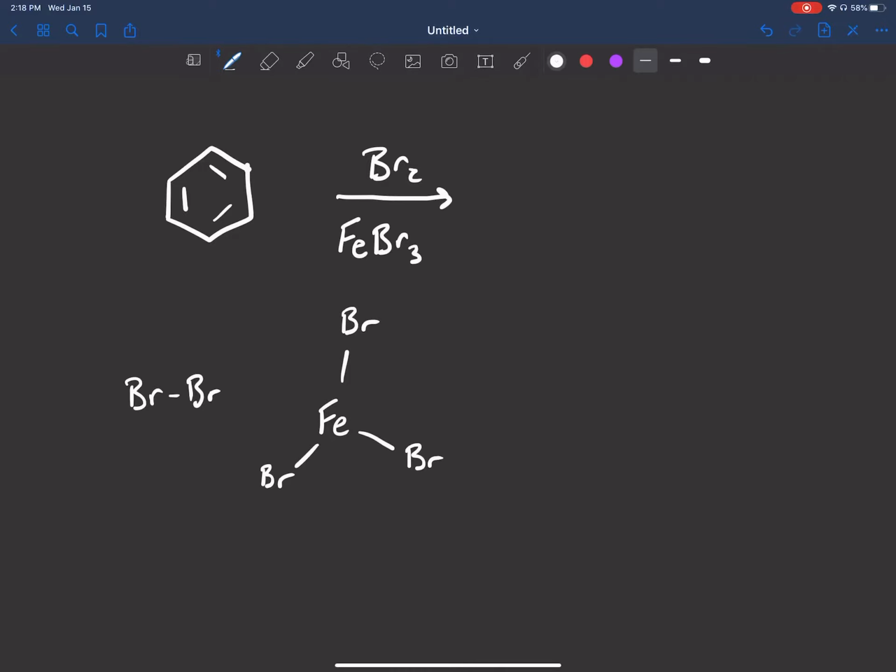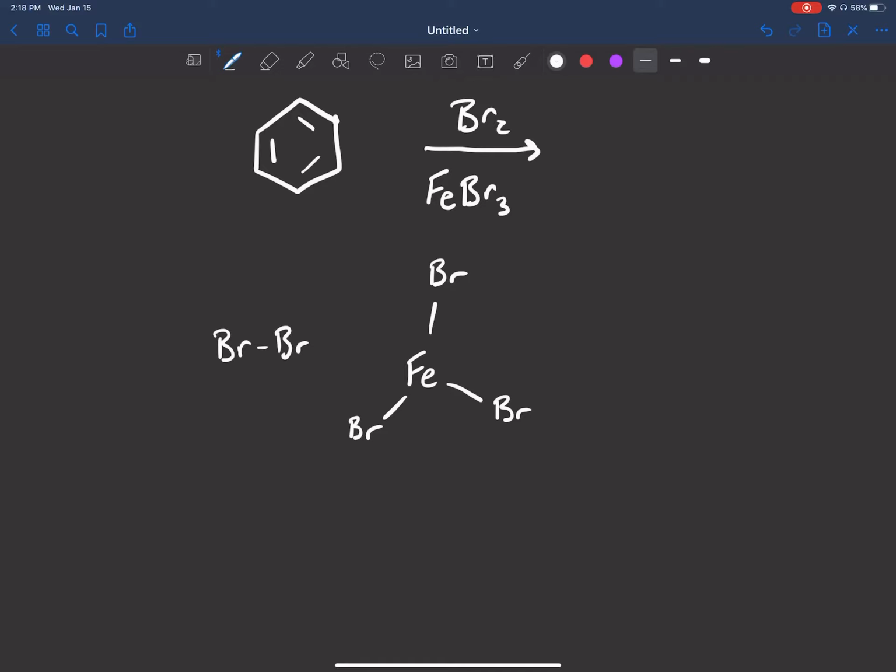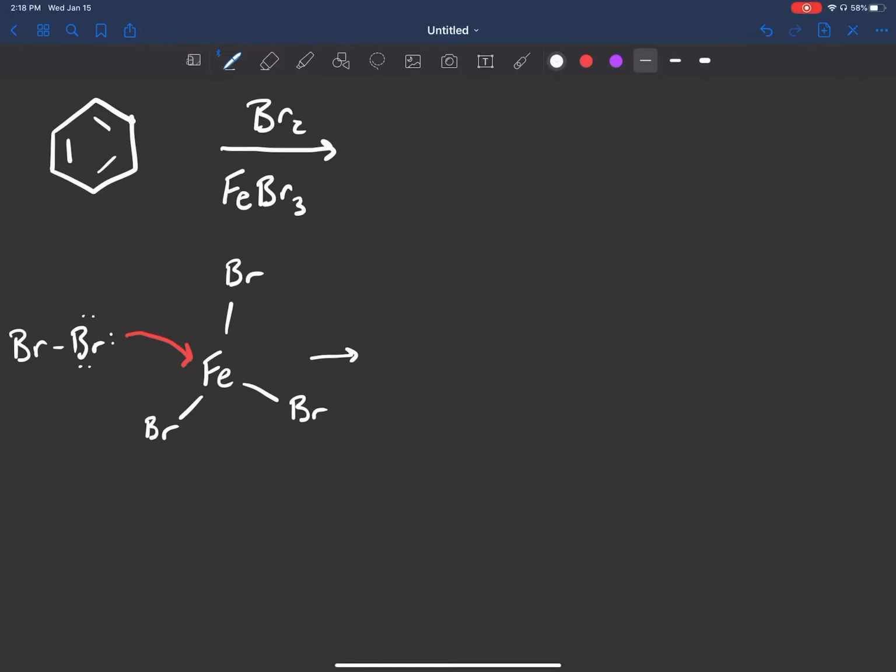Okay, all those bromines have 3 lone pairs. What happens is one of these bromines is going to attack that iron. It's going to lead to this intermediate.